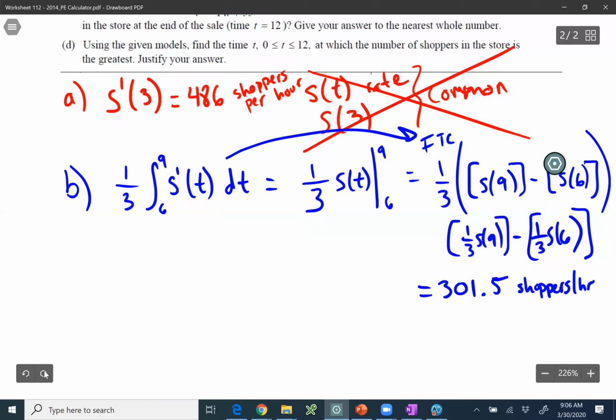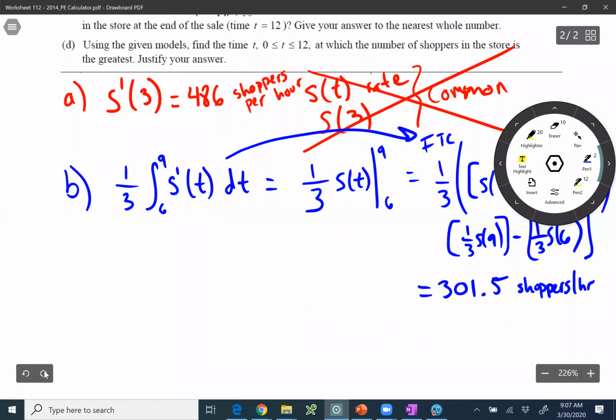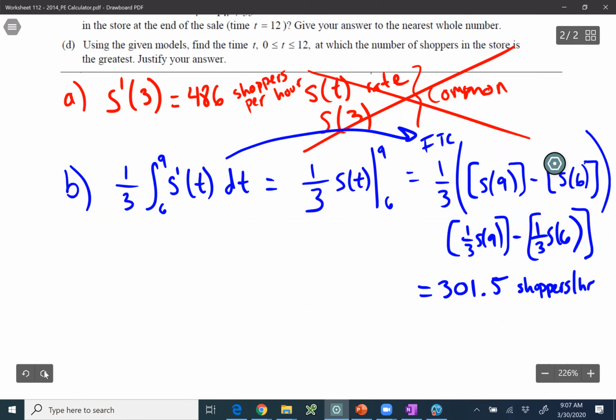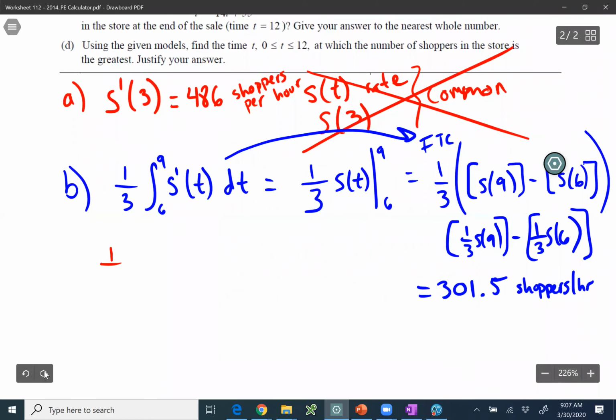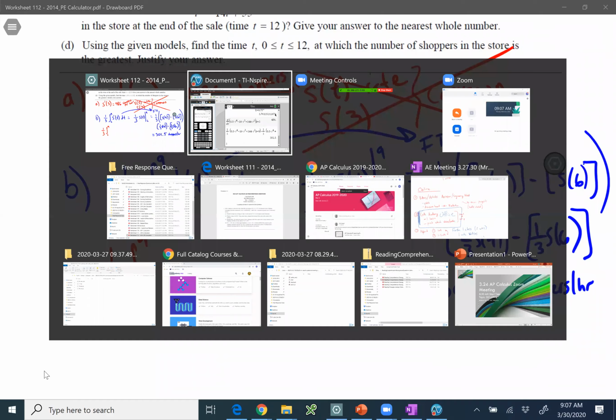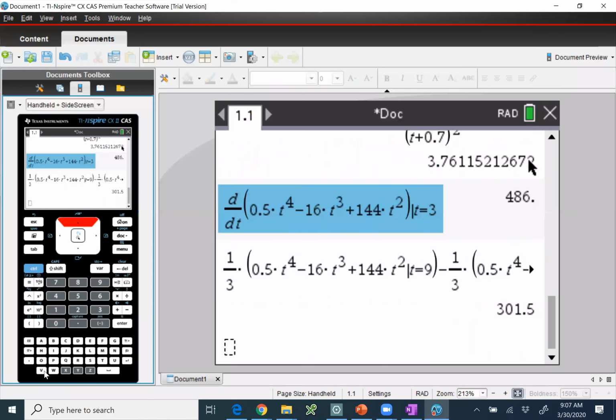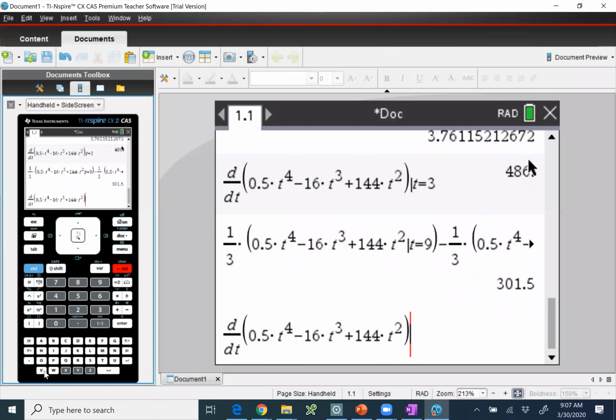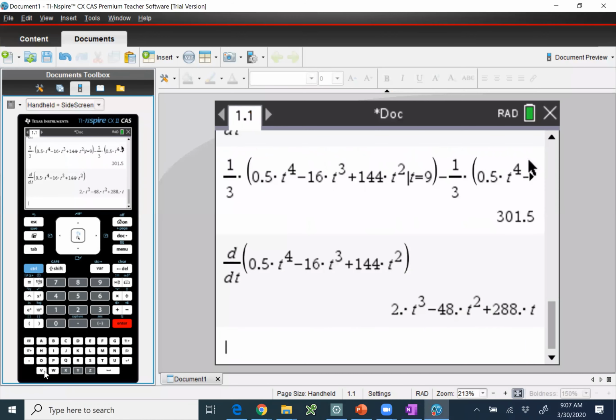Now, that's one way to do this. I did see a lot of people solve it a different way, and honestly, I think more people in our class would probably do it this way. So for S prime, couldn't we just go into our calculator and take the derivative without any time, right? Just get the general derivative.